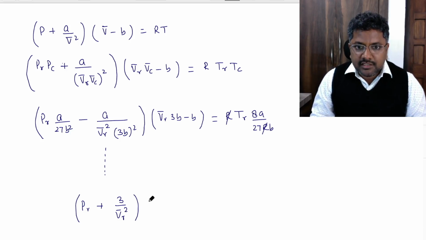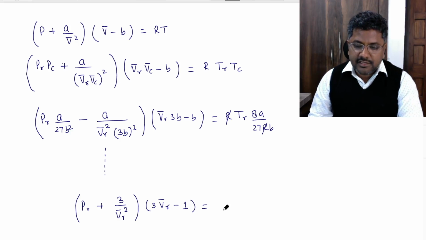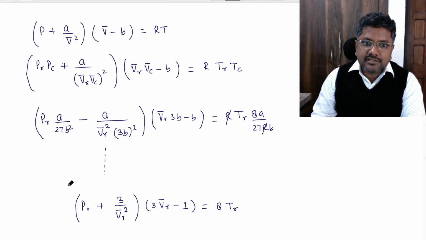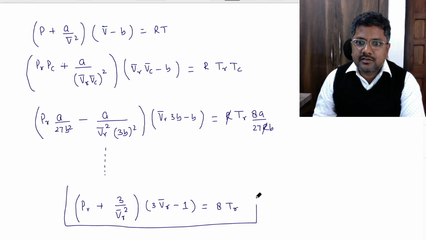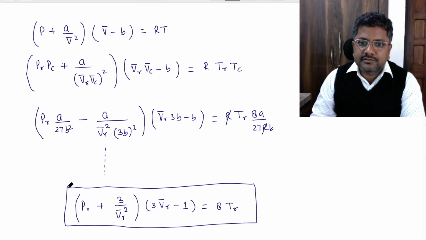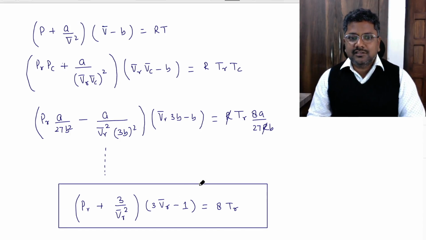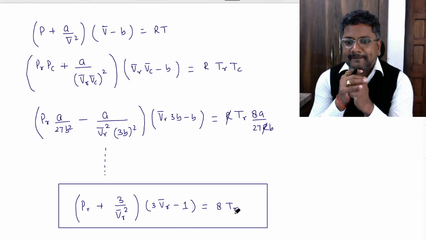And 3VR minus 1 is equal to 8 TR. This is called reduced equation of state.